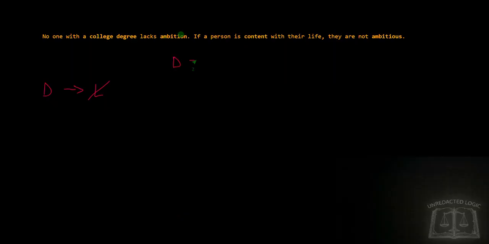So D is college degree, and L stands for lacks ambition. Notice here there's a negation that's built into the variable. So this conditional reads, if you have a college degree, then you do not lack ambition.